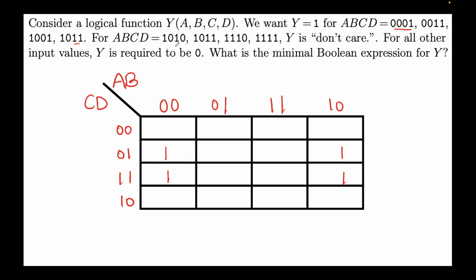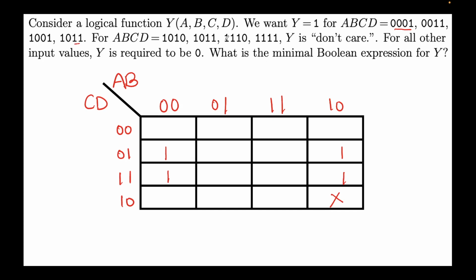Now next we populate the don't cares. So 1010, AB is 10 and CD is 10. I told you we denote don't care by X. 1011 is also here, so there must be a misprint. Fine, the 1 is already here, we don't bother about it.